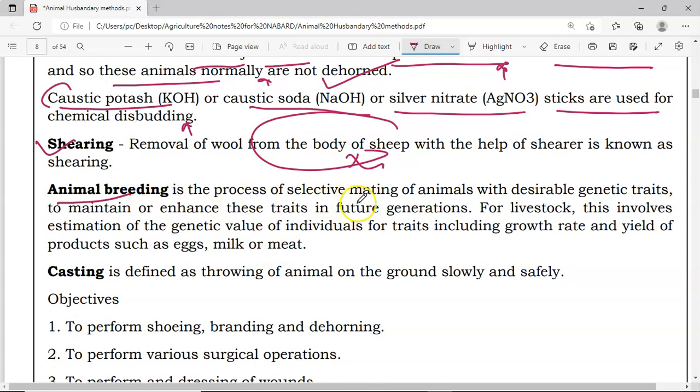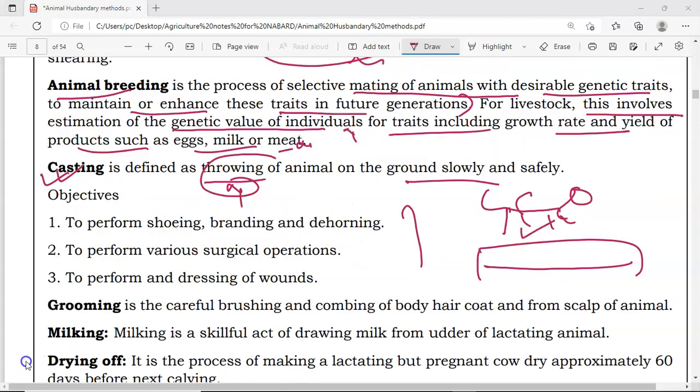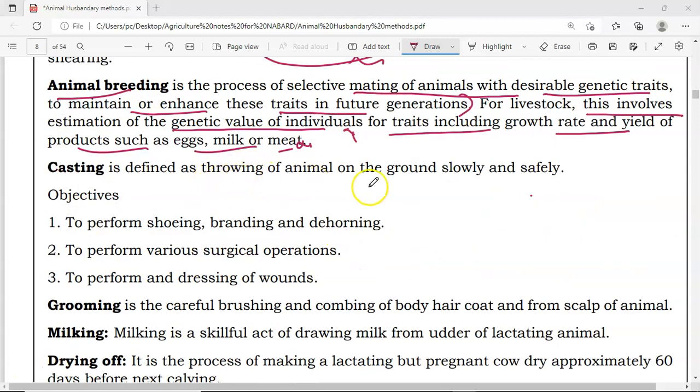Animal breeding, it is a process of selective mating of animals with desirable genetic traits to maintain and enhance these traits in future generations. This involves estimation of genetic value of individuals or traits including growth rate, yield of products such as egg, milk or meat. Casting: for example, this is your animal.